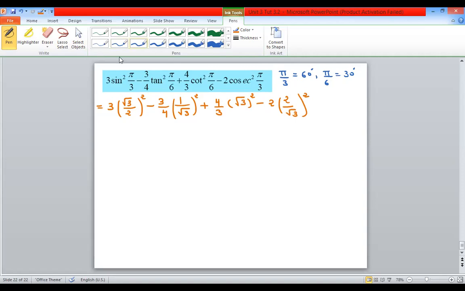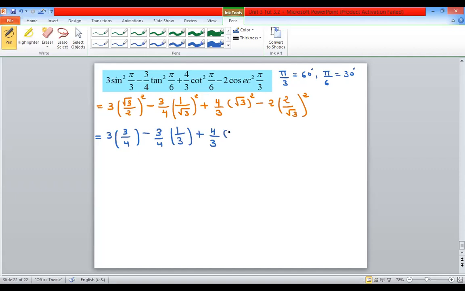First of all, you give the square of every term. This is a 3. It's 3 by 4. 3 by 4 as it is. It's 1 by 3. It's 4 by 3.